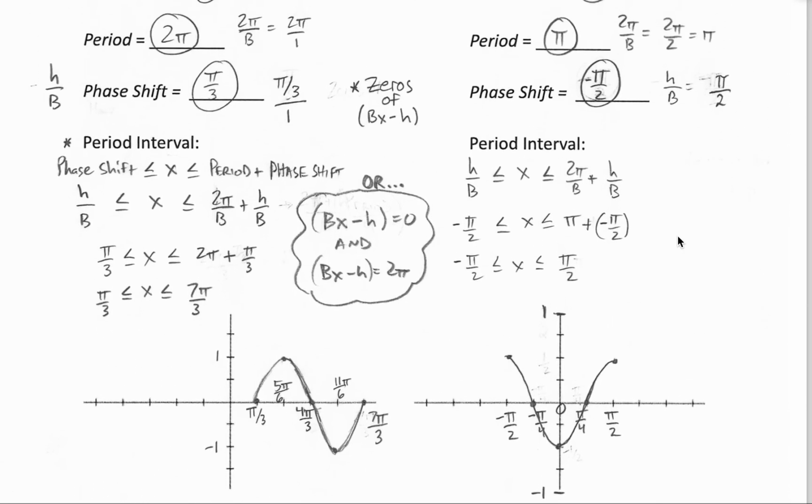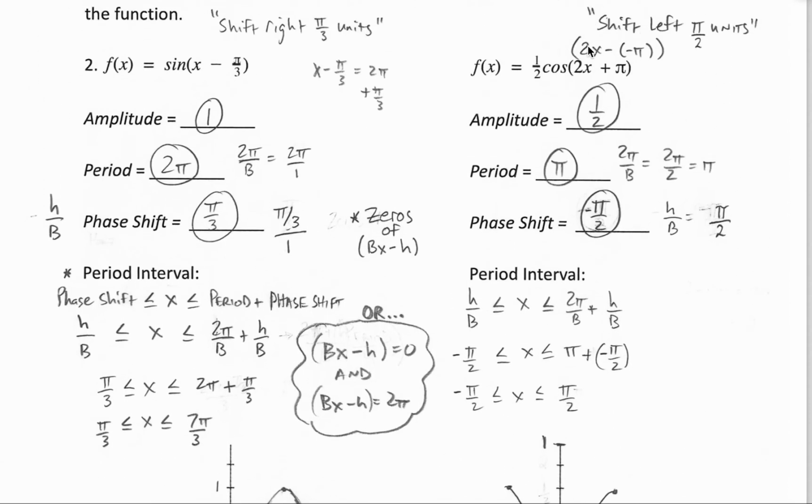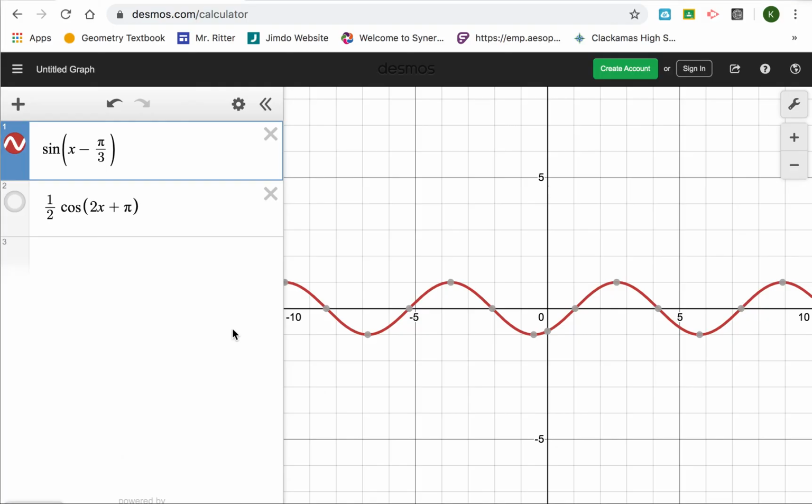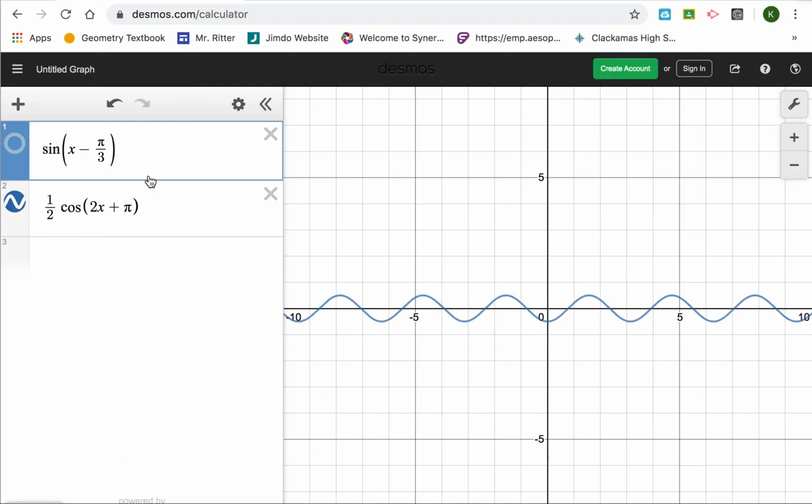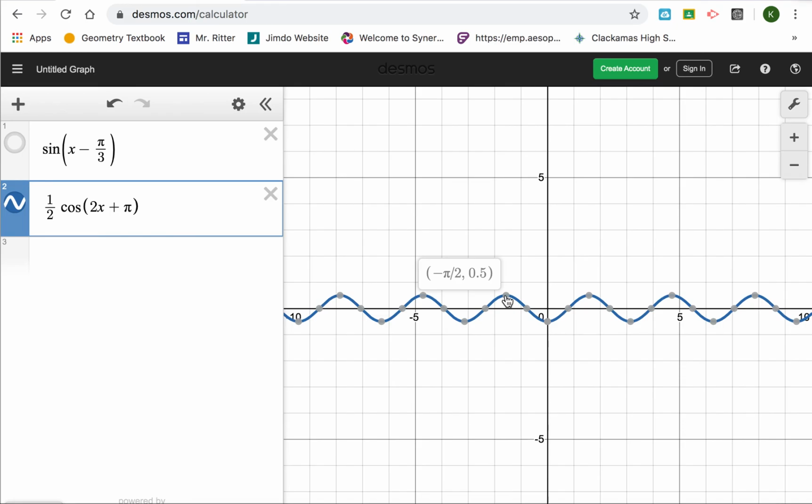Again, you could check values by plugging them into your function. Make sure that your calculator is in radian mode if you want to do that. Or use other resources like Desmos here. Here we can see that graph. We can see that at negative pi over 2, we had a maximum at 1/2.